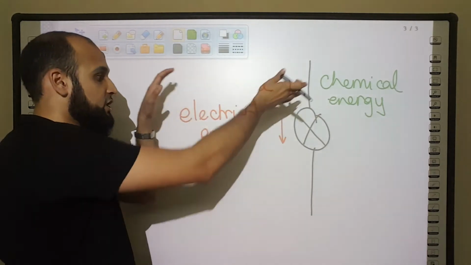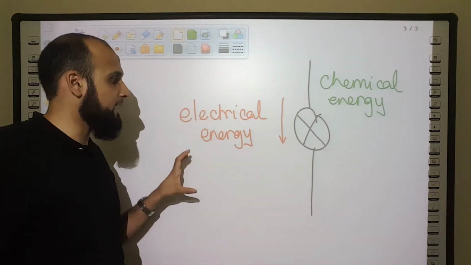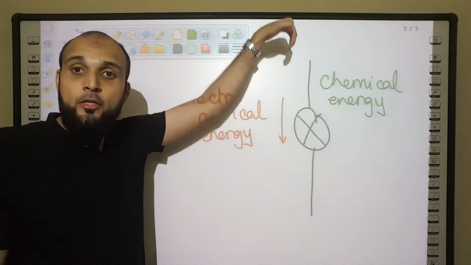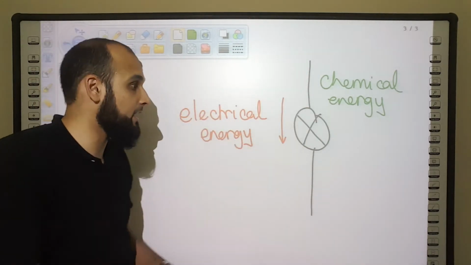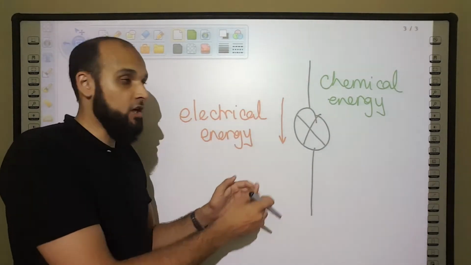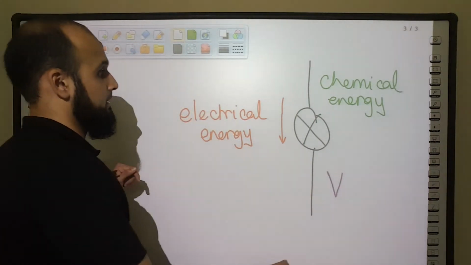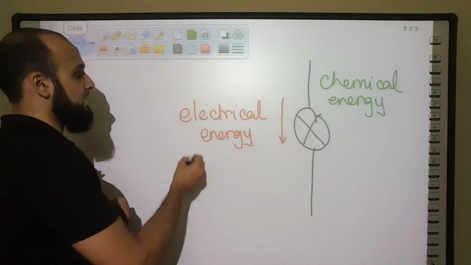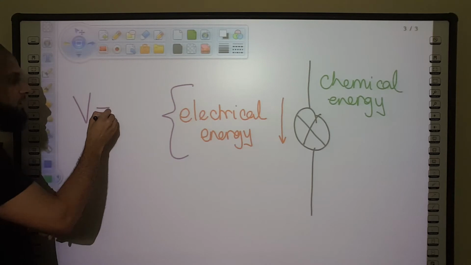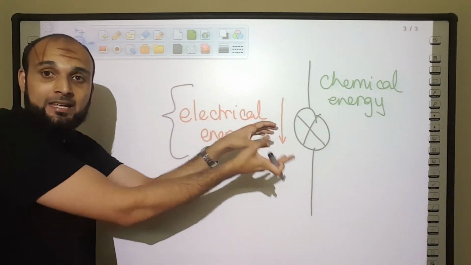Now, with that change in the type of energy, we've got electrical energy, so some of the electrons in this case would be able to flow through the bulb and deliver some energy to it, right? So the amount of energy that is delivered per coulomb of charge is known as the voltage, or the potential difference, because this is a specific component within a large circuit, right?